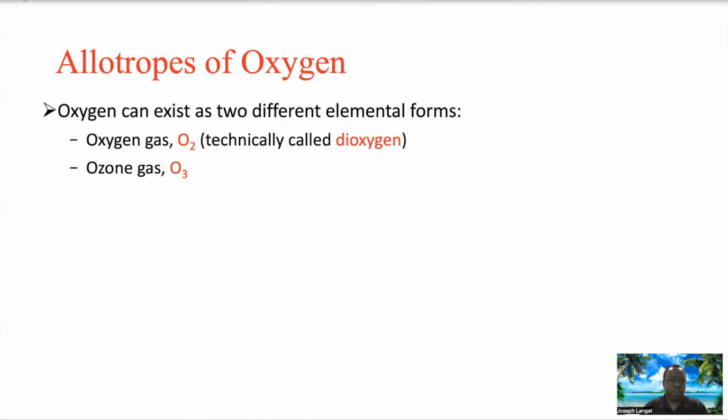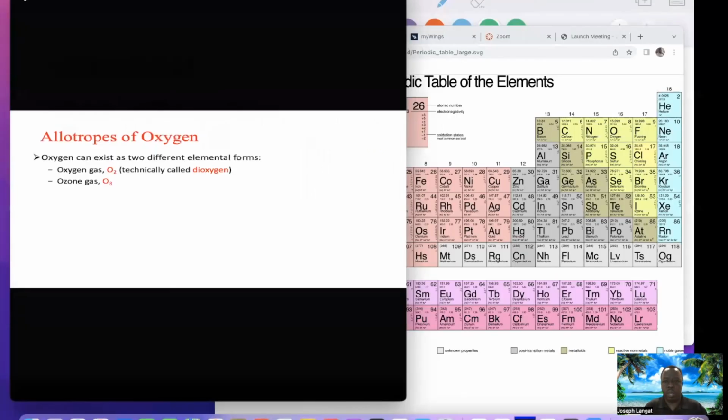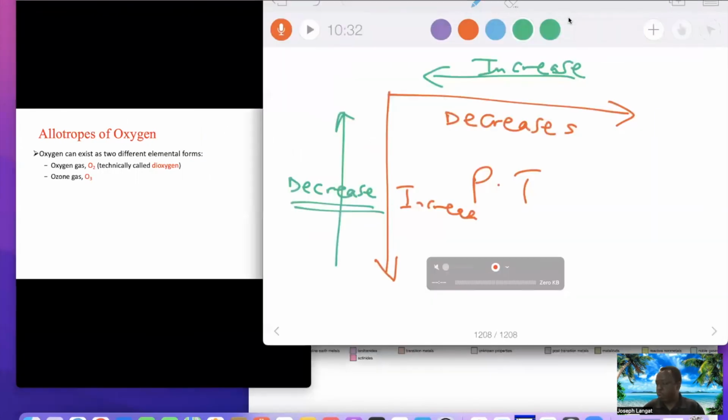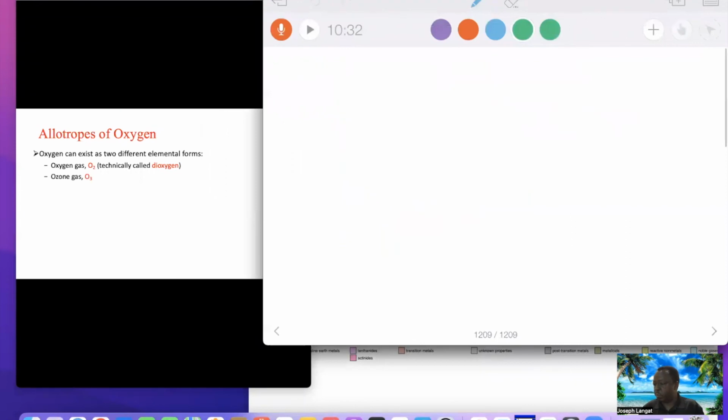Just look here. I wanted to just give you what allotropes are. An element can exist in more than one form. We call those forms allotropes. For example, ozone and oxygen gas are allotropes of oxygen.